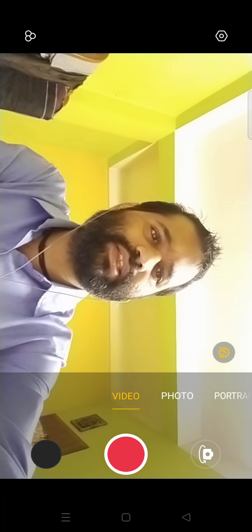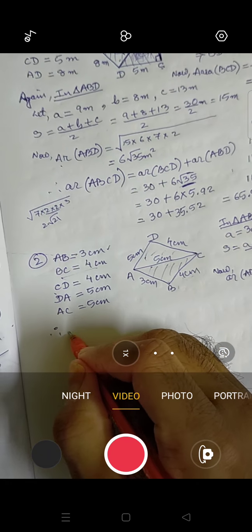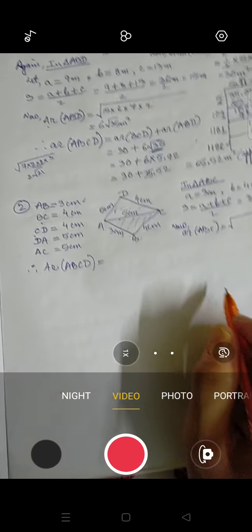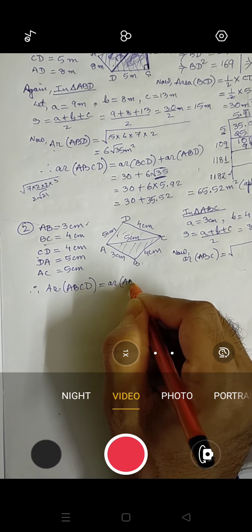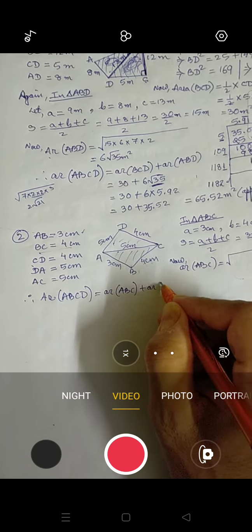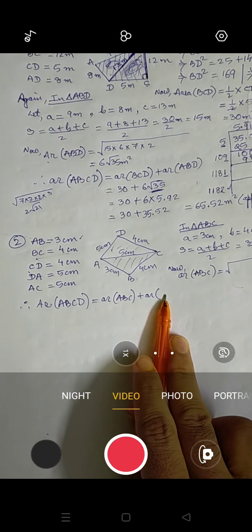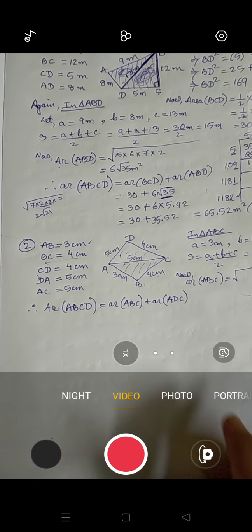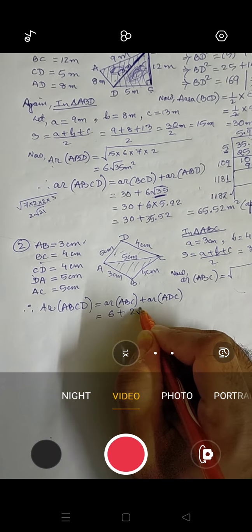So we can say, therefore, like the previous question, area ABCD equals area ABC plus area of the second triangle you have taken. I am taking here ADC. You can write whatever you have taken. Now we will add this. ABC was 6 and ADC is 2 root 21.